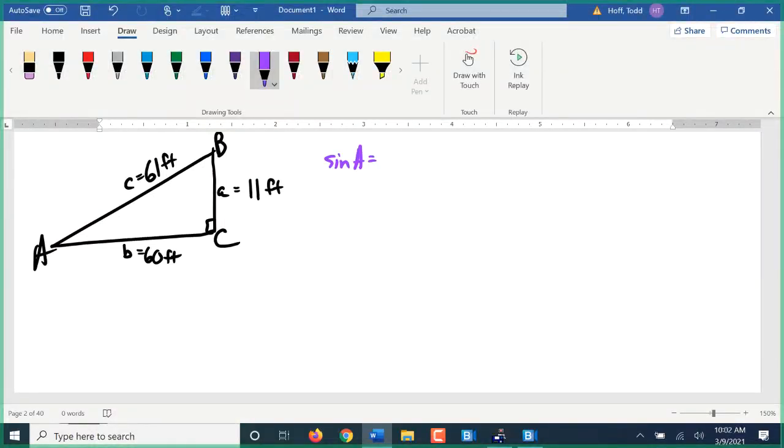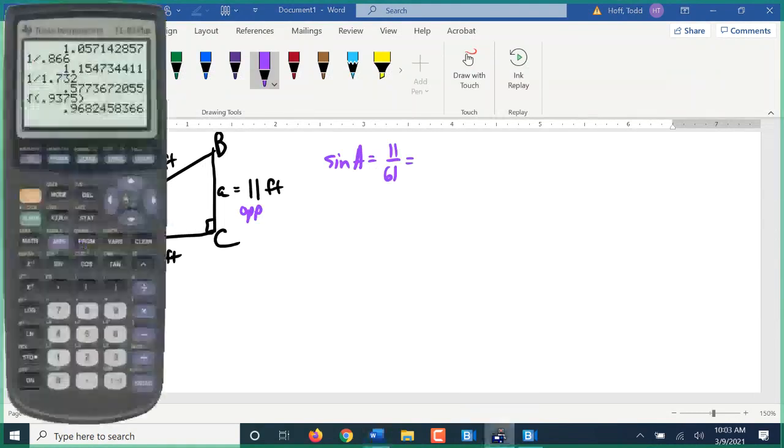Of course, the hypotenuse here is side C, the 61 feet. But if I am looking at angle A, the opposite side is the 11. The 60 here would be the adjacent side. So opposite over hypotenuse would be 11 over 61. If I divide that out, 11 divided by 61, I get the sine of angle A is 0.1803.